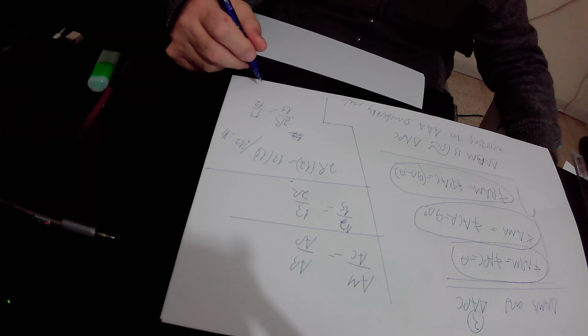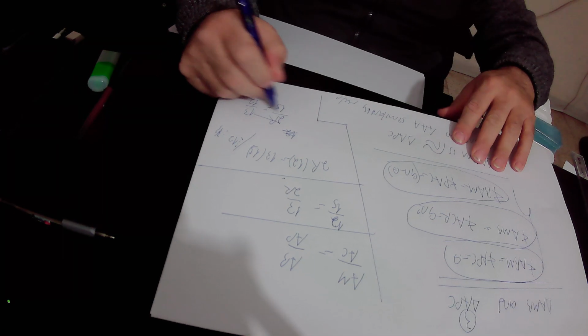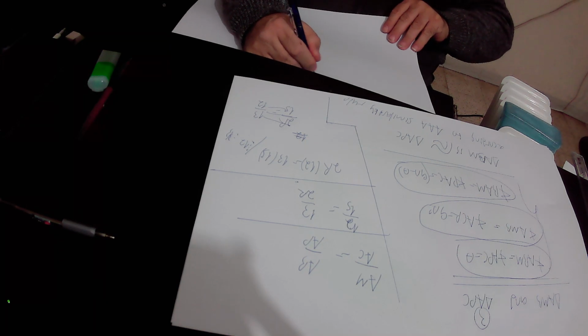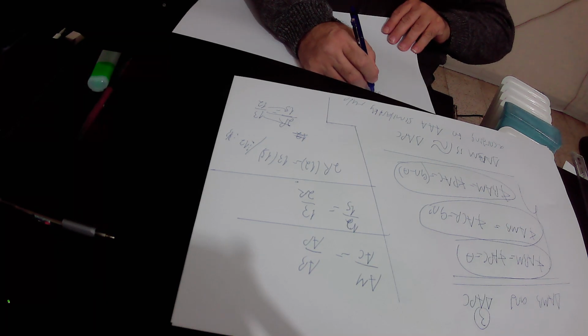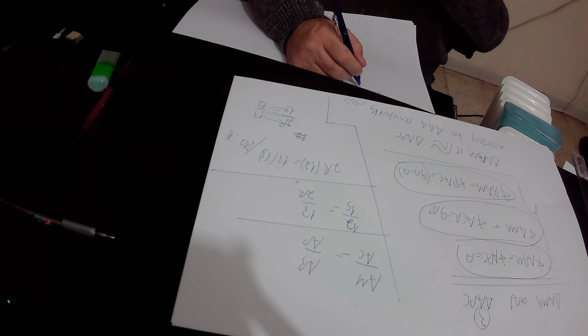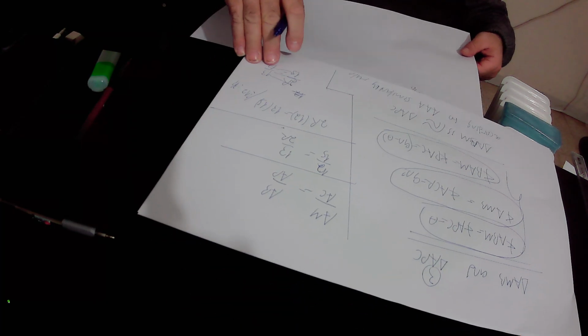Actually, we divide this equation only by 12 and we get that 2R equals 13 times 15 over 12.